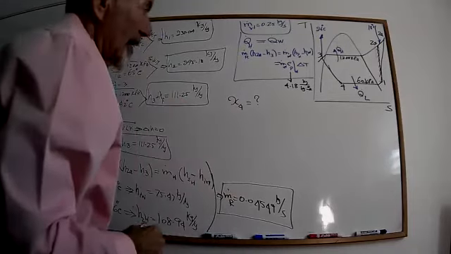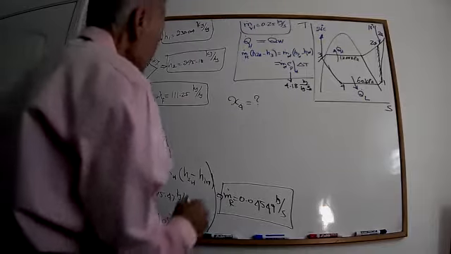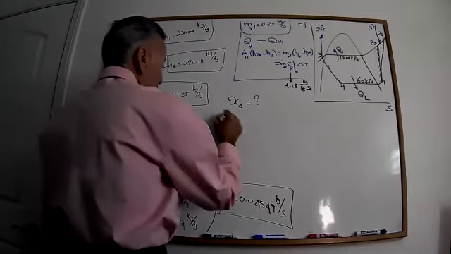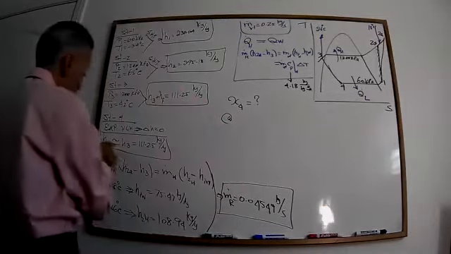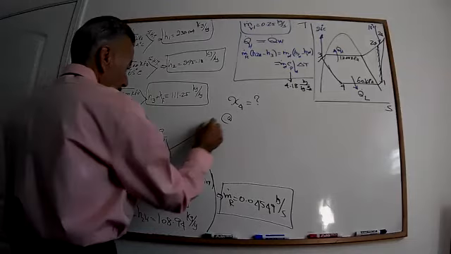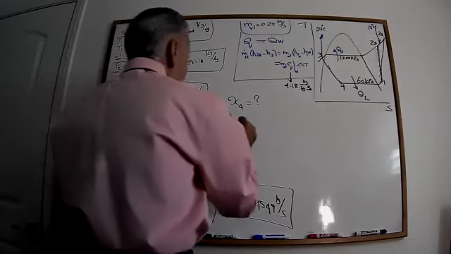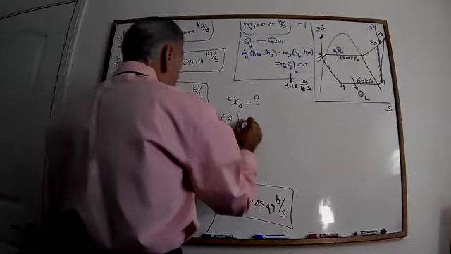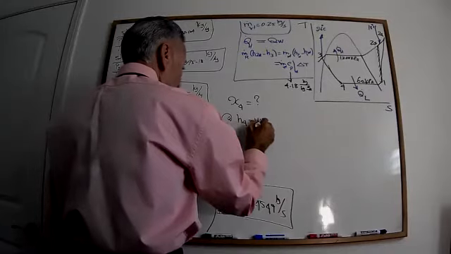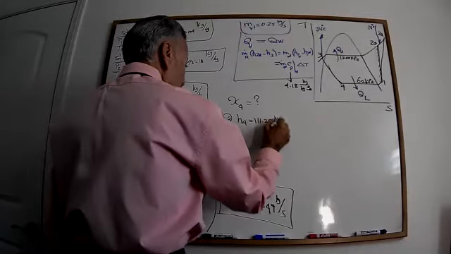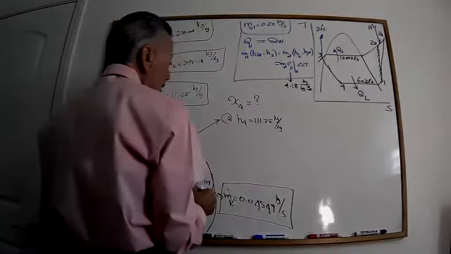Now, how are we going to do that? If you look at state 4 right here, we have H4 being equal to 111.25 kilojoule per kilogram.